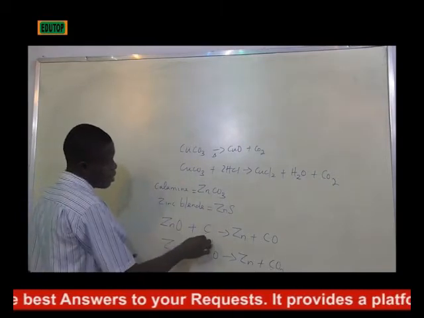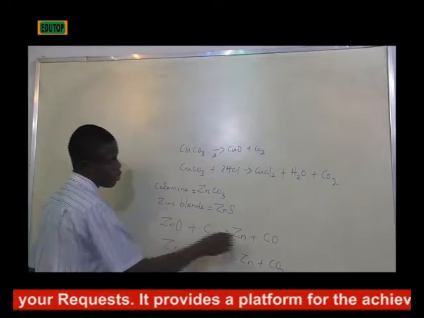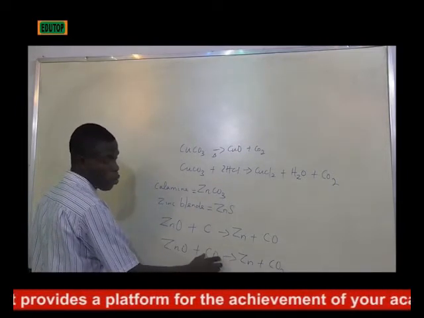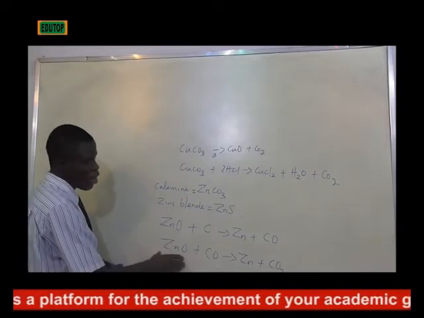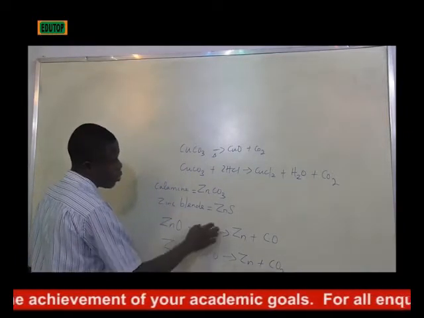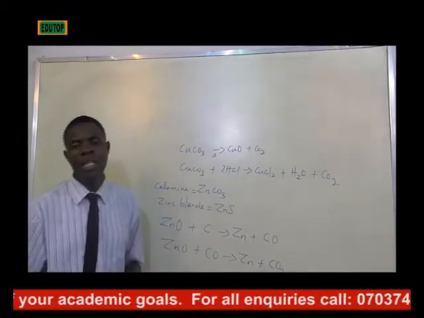Here, the coke, which is carbon, reduces zinc oxide to zinc and carbon 2 oxide, while here, carbon 2 oxide reduces zinc oxide to zinc and CO2. And these two species act as reducing agents.